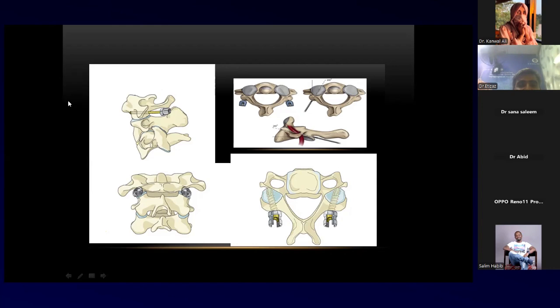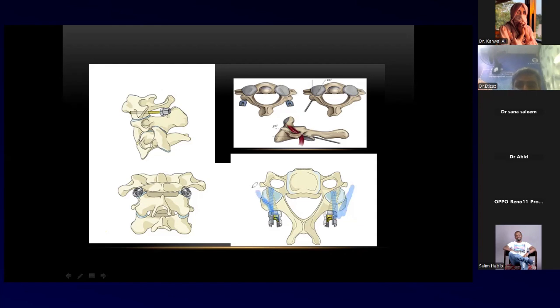When we talk about the pars screw, they will be like this, not like this one. They are going laterally, so these are lateral mass screws.